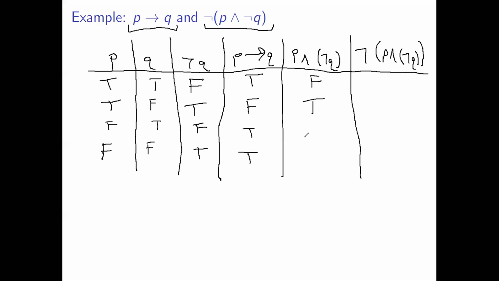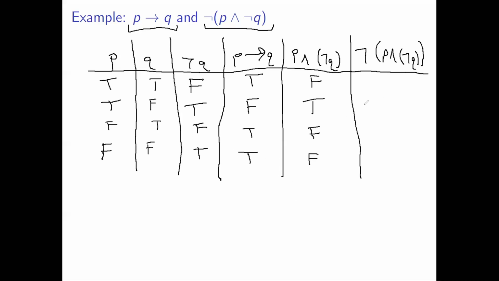Third row, P is false, not Q is also false, so the conjunction is false. And the final row, P is false, not Q is true, conjunction is false. For the conjunction to be true, we need both conjuncts true. It only happened in the second row.